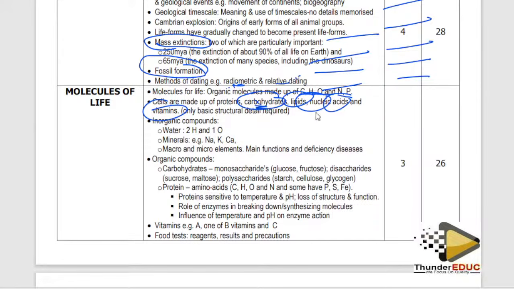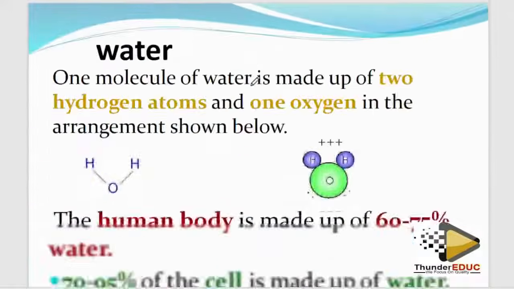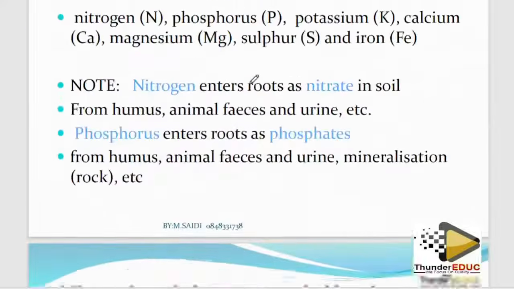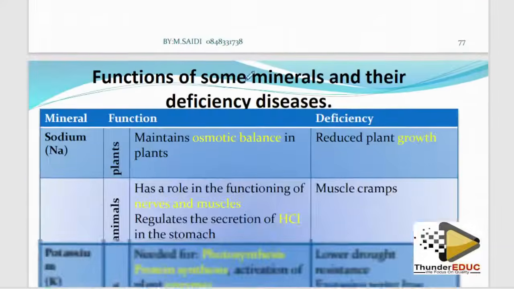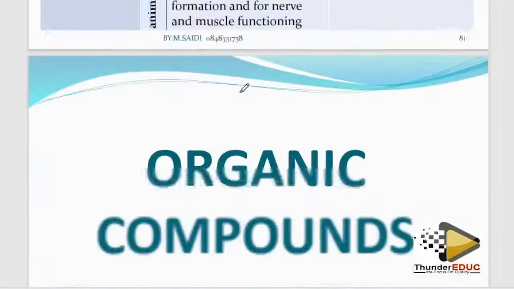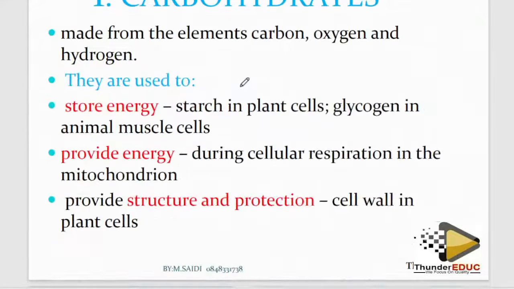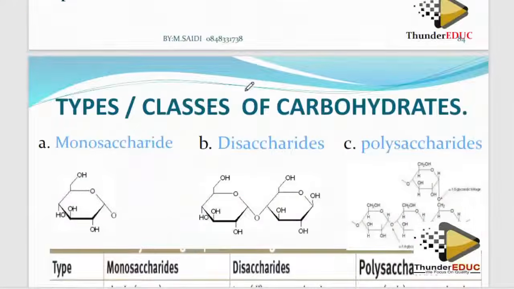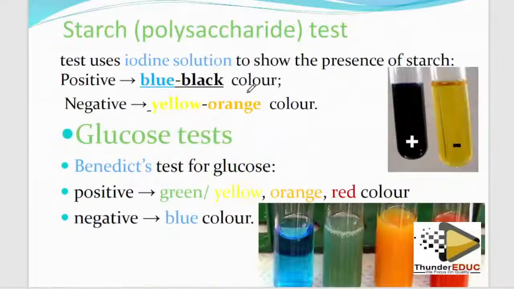But carbohydrates, lipids, and proteins, please don't go without knowing those. For carbohydrates, know the advantages, or the functions. Please make sure you don't make a mistake with these carbohydrates.